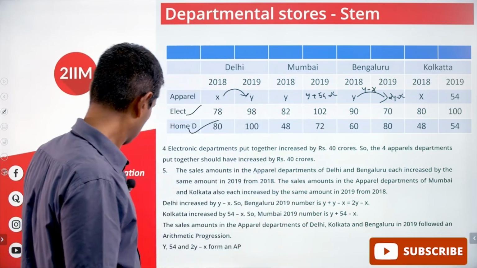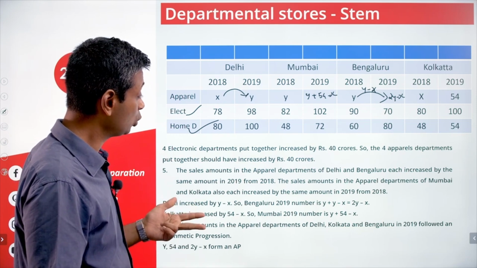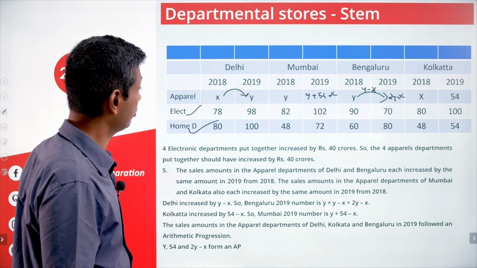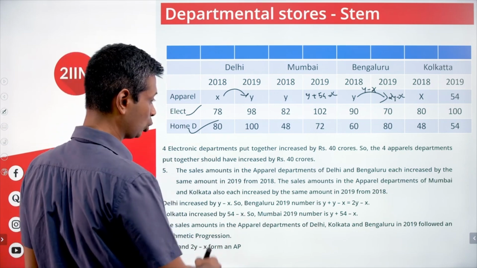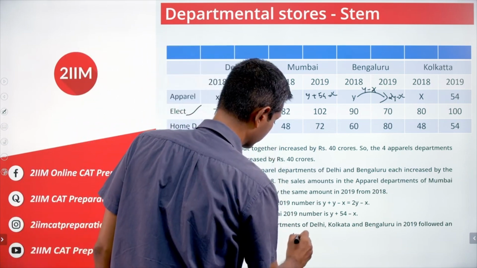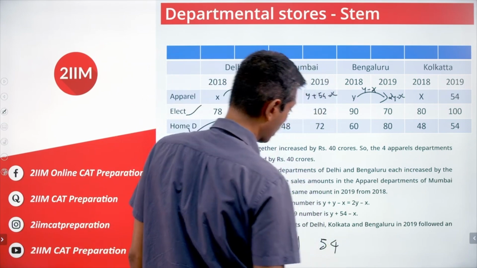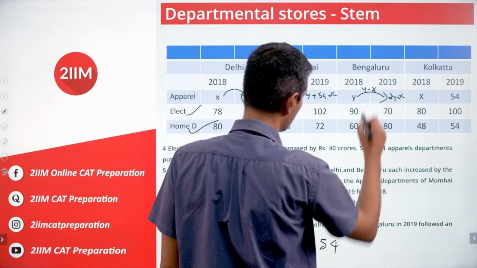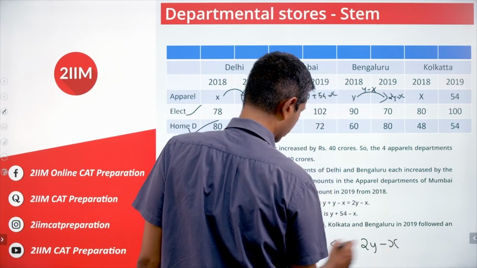Okay. The sales amounts in the apparel department of Delhi, Kolkata and Bengaluru in 2019 followed an arithmetic progression. Delhi 2019, which is Y. Kolkata 2019, which is 54. Bengaluru 2019, which is 2Y minus X. This is an AP.